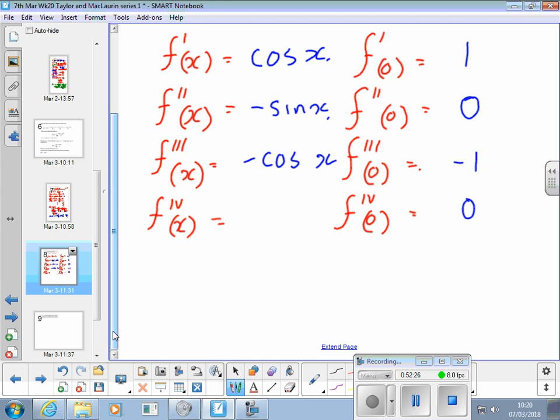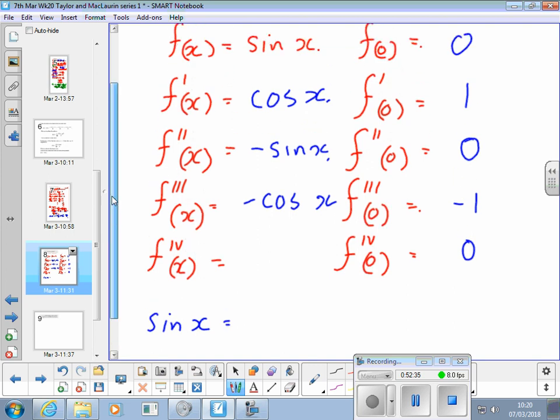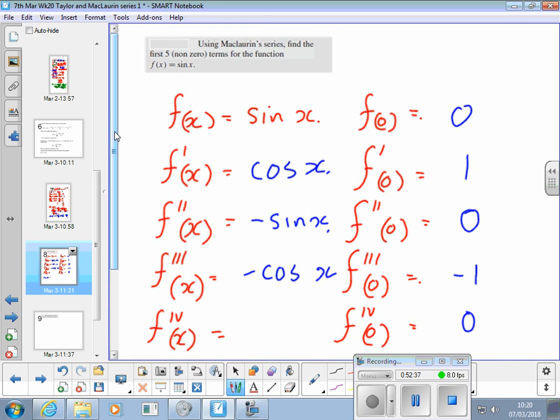So, therefore, we can write sine x as no constant term. That first term, the constant term, is like a y-axis shift. The sine function is 0 when x is 0.